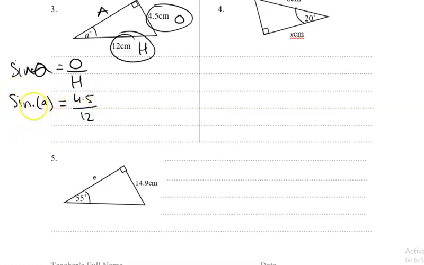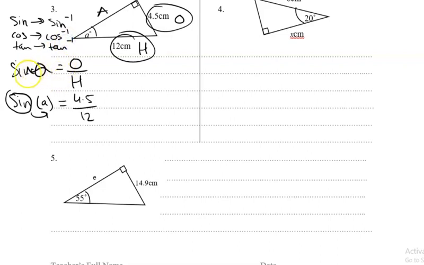Now we want to get A by itself, so we're taking the sine to the other side. Now the opposite of sine on the calculator is sine inverse. The opposite of cos on the calculator is cos inverse. And the opposite of tan is tan inverse.